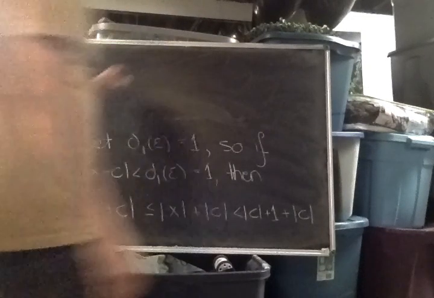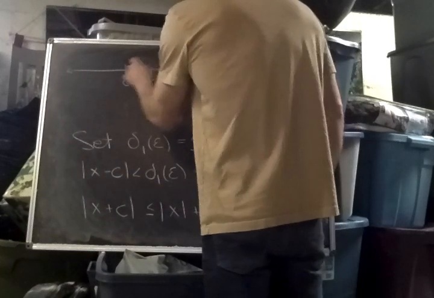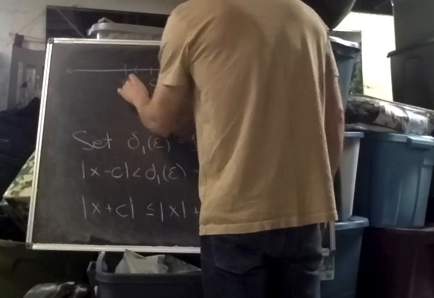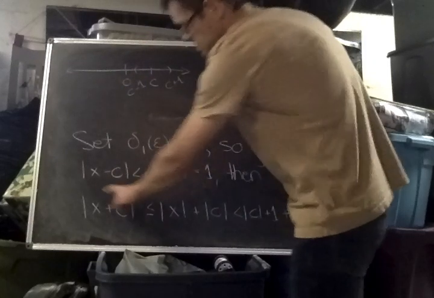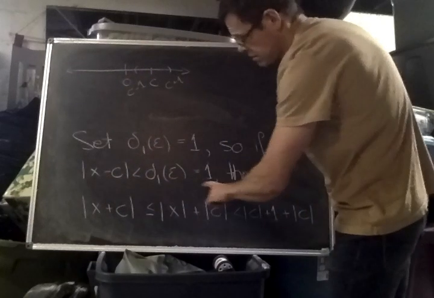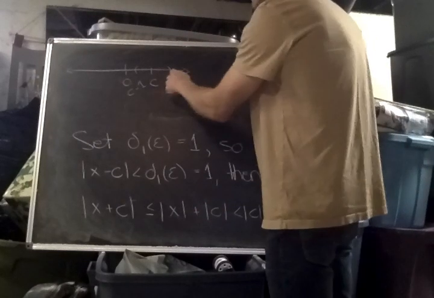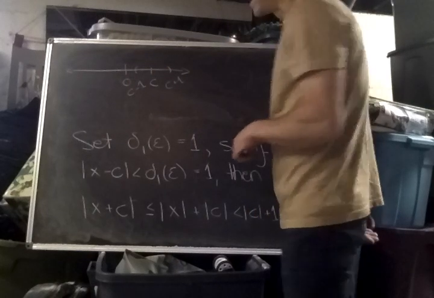Okay, so if you draw the number line, here's 0, let's say here's c. By insisting that x satisfies this expression right here, what you're really saying is that x has to lie somewhere in this little interval of radius 1 around c.